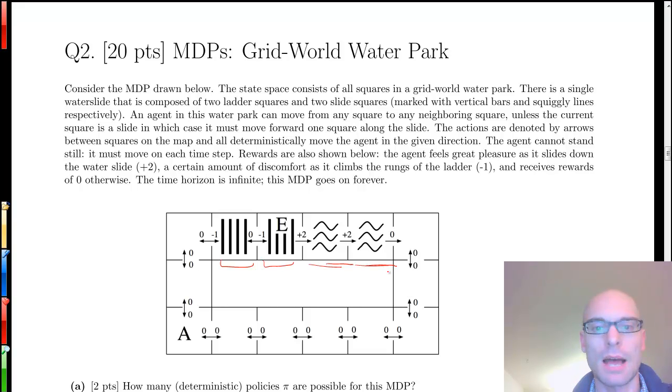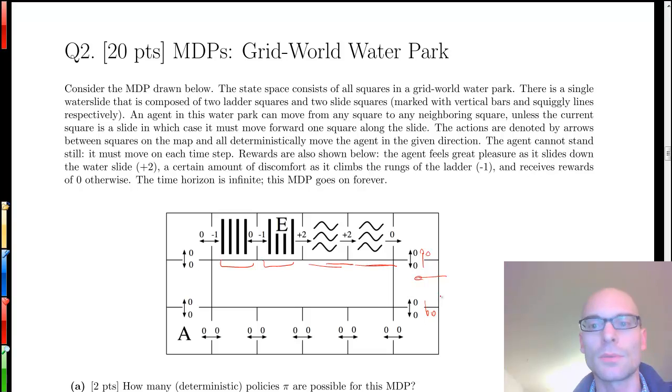Okay, so on the map we have arrows indicating the actions. So for example, in this state here, there's an action available to move there, an action available to move there, the one moving up here gives a reward of 0, down here a reward of 0. The agent cannot stand still, it must move on each time step. Rewards are also shown below.